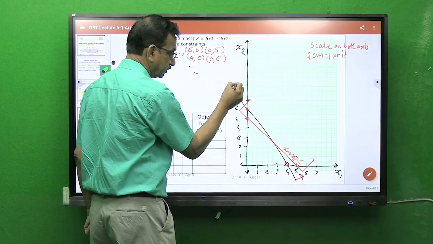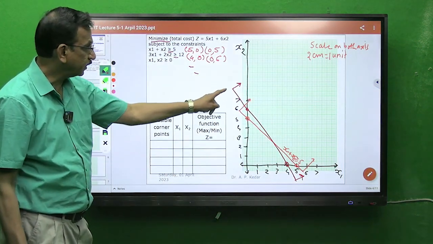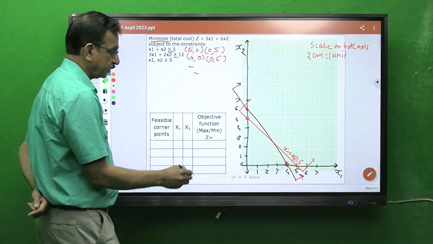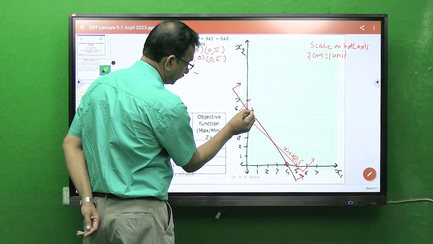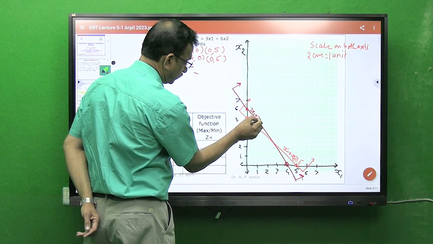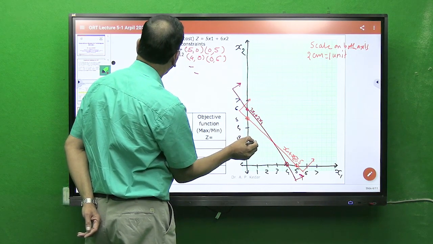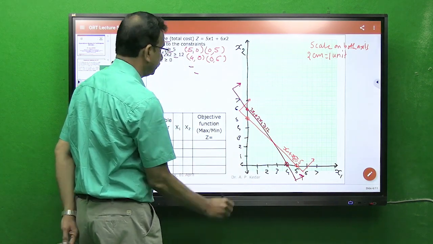To indicate that, we are marking this upward direction, and this line is represented as 3x1 plus 2x2 greater than equal to 12.